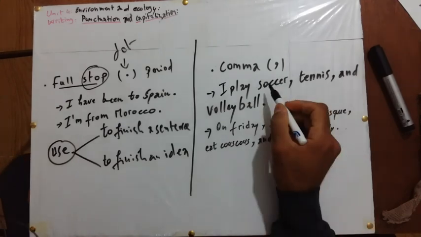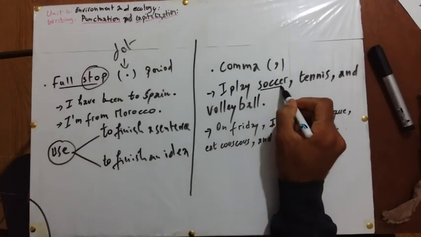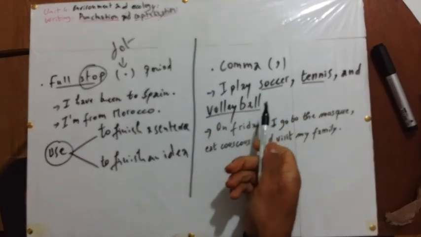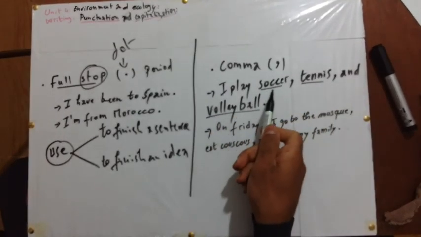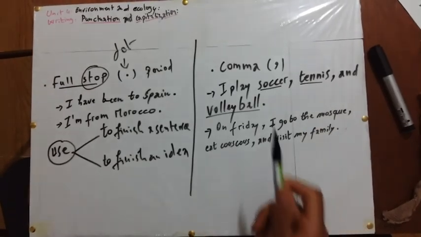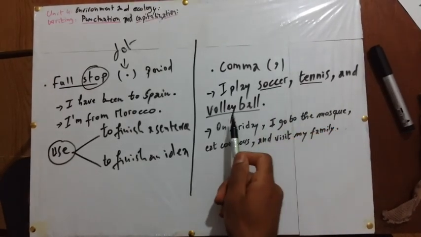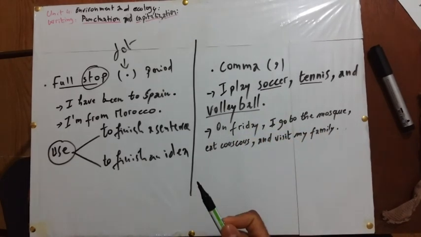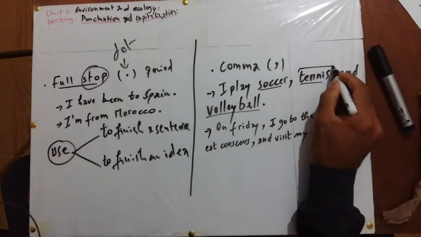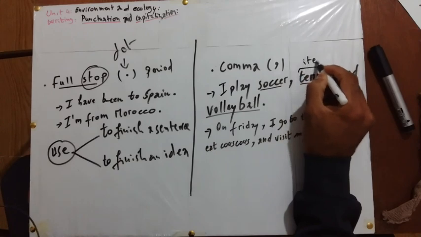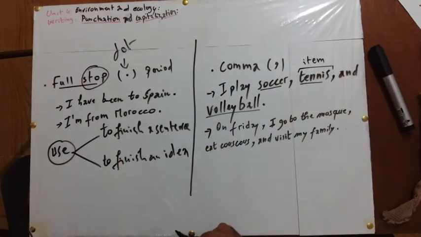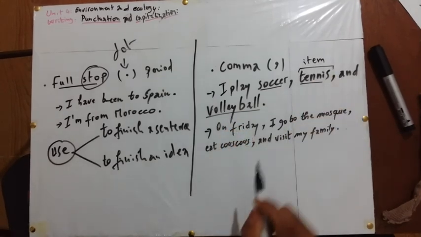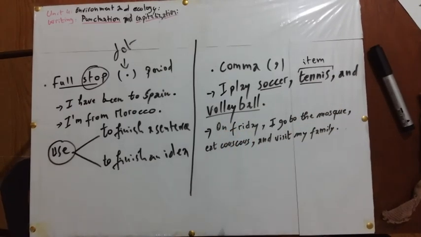We say soccer, tennis, and volleyball. I'm giving a list of sports that I play. This is a list, and each one is an item. Here we have 1, 2, and 3 items.